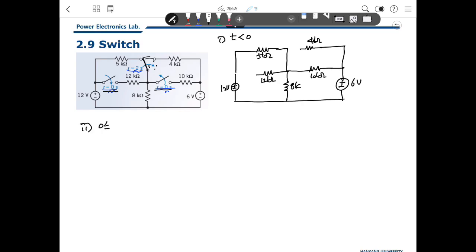and T is higher than 0 but smaller than 2. Then what happened? This is closed, and this is open.